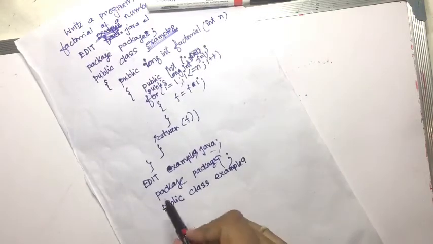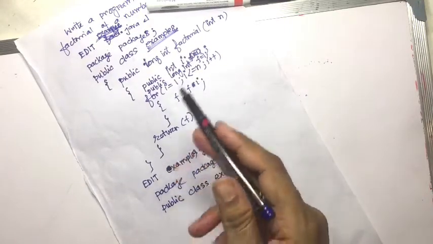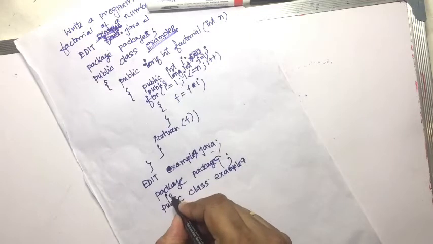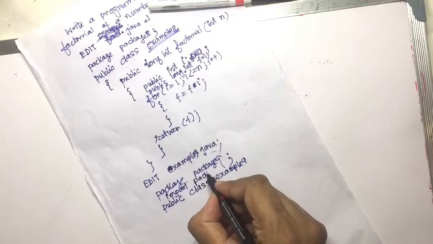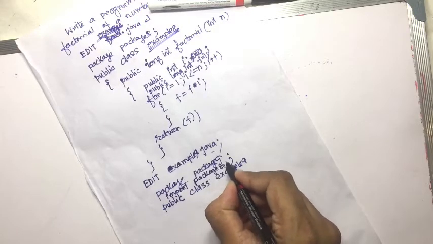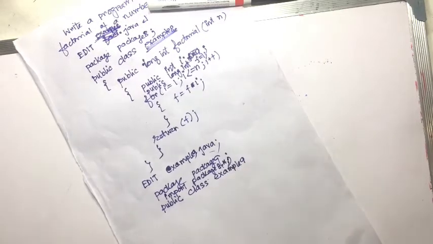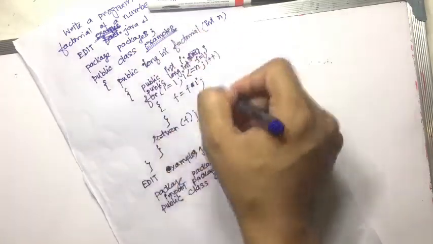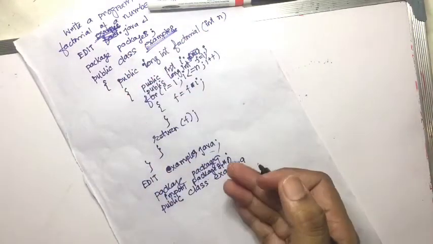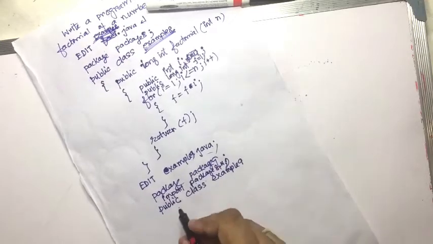We need to import package 8. So there is a statement: import package 8 dot star, meaning all. This package will be imported in our example 9.java program.